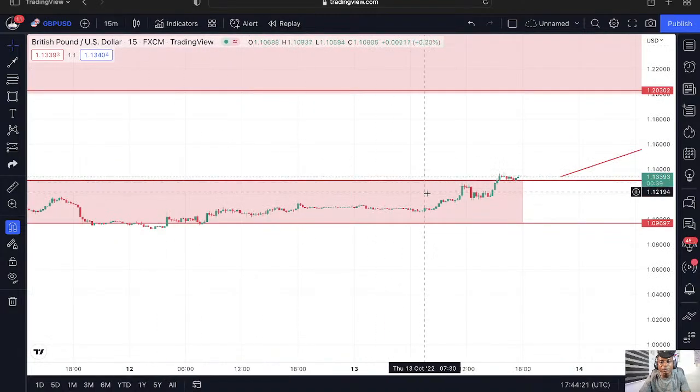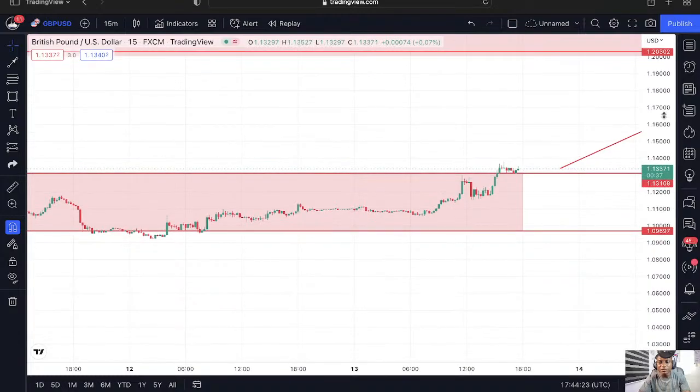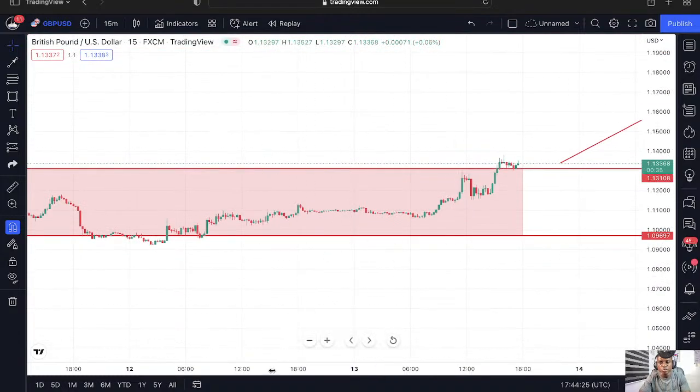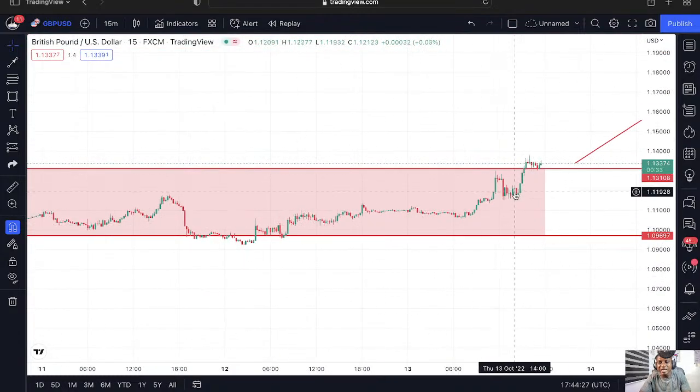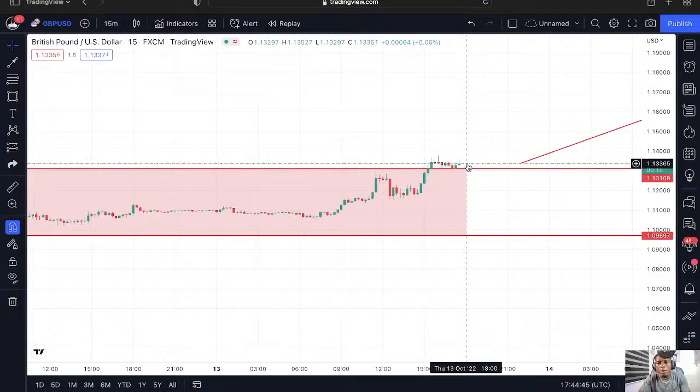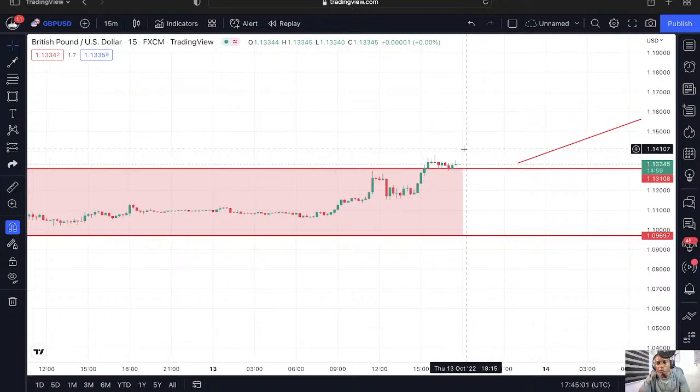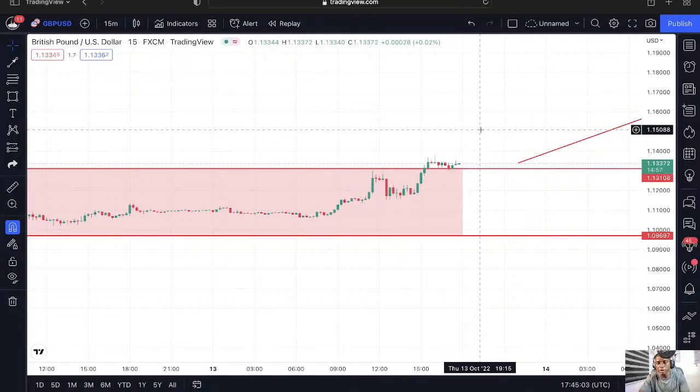So let's look at the 15-minute time frame now. So this is 15 minutes, and clearly price has broken out. You might want to buy here and sell at this level, or buy here and sell in the next 15 minutes, or scalp it up to this level here, or this level here.